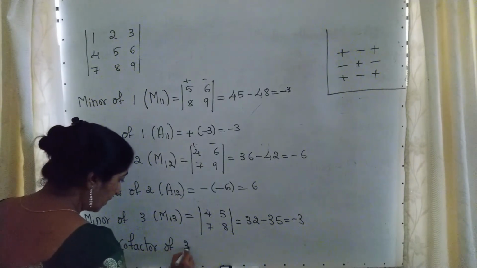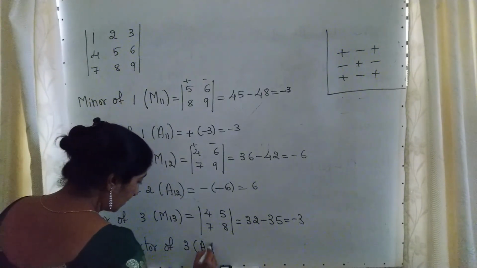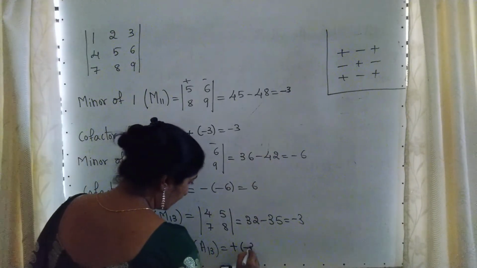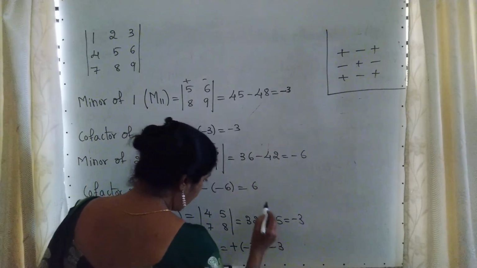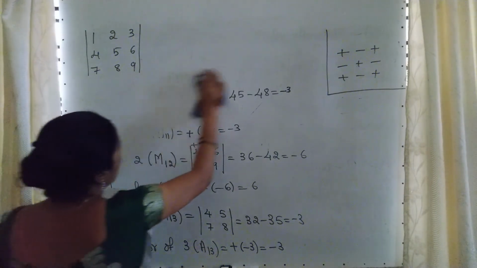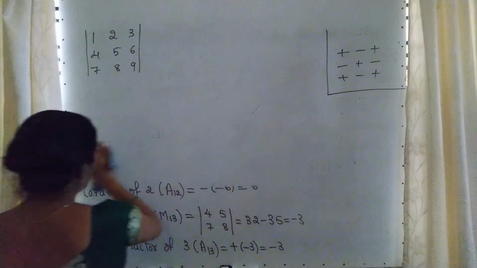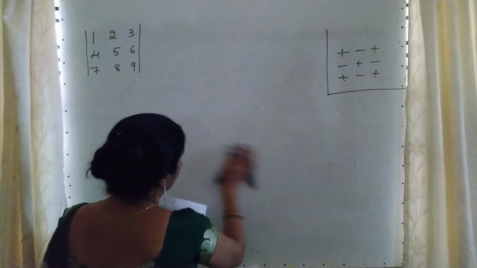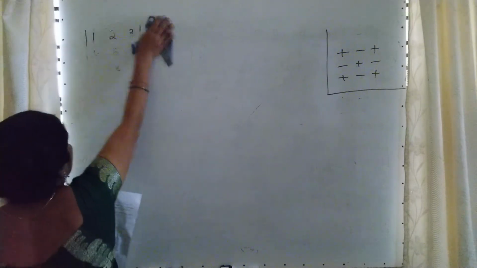Cofactor of 3. For this, which sign do we have? Plus. Plus into minus is minus. See, is it simple or what? Now, like that, can you write the remaining numbers? For the remaining numbers, write the cofactor and the minus.